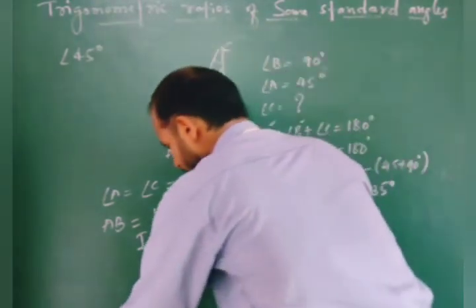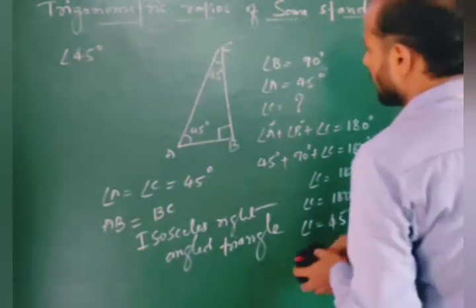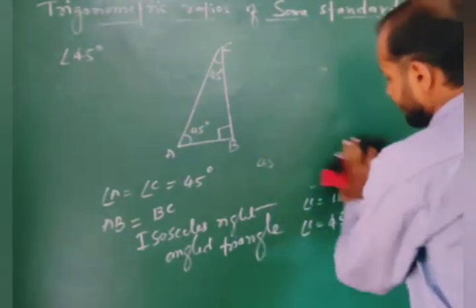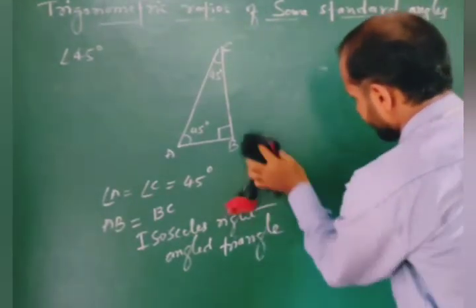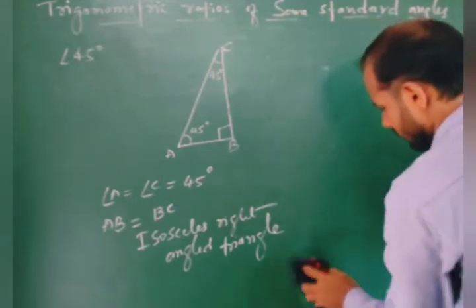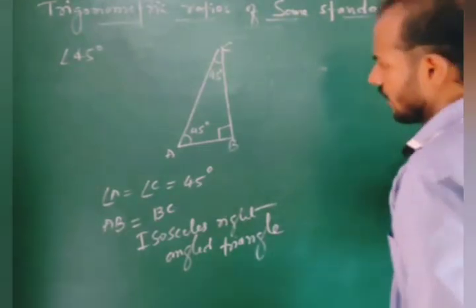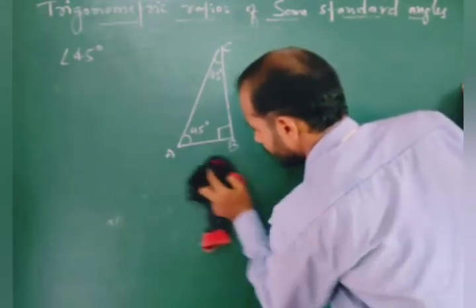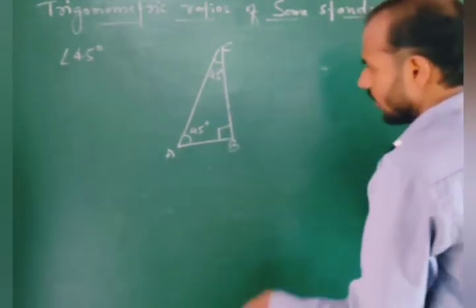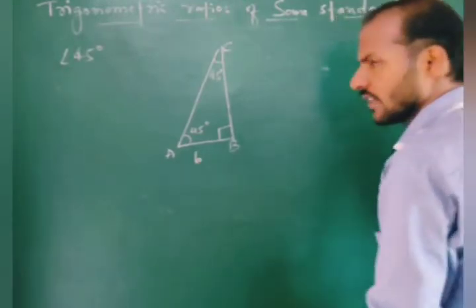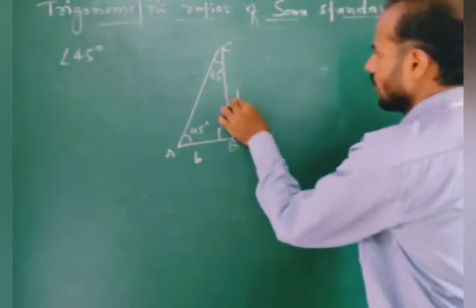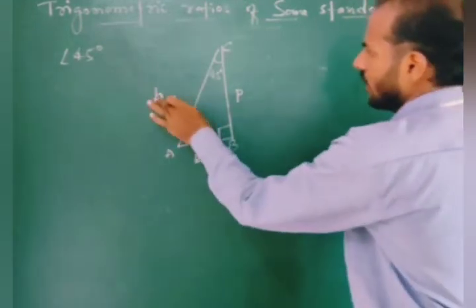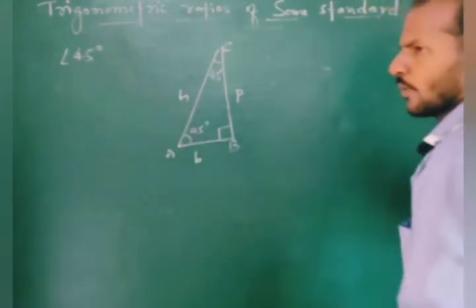Next, let us consider: this is the base, or you can say adjacent. This is the perpendicular side, and this one is the hypotenuse.